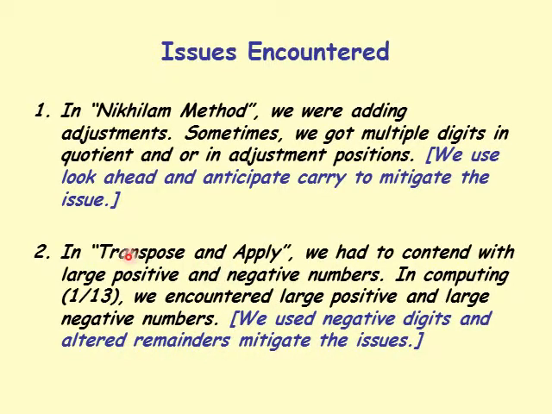When dividing 1 by 13, the quotients were 1, next -3, next +9, next -27, next +81, and so on. In that case we used negative digits and altered remainder methods, and then the issue was manageable.